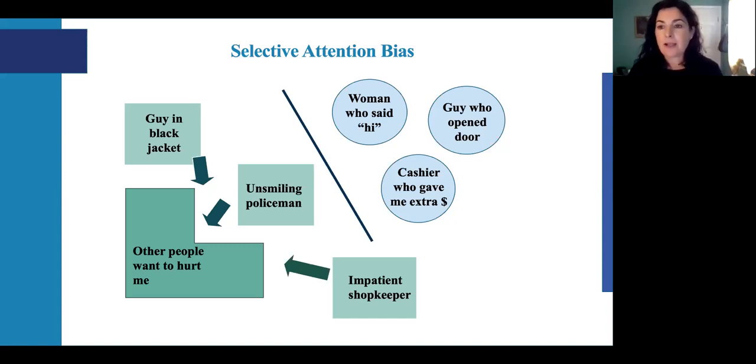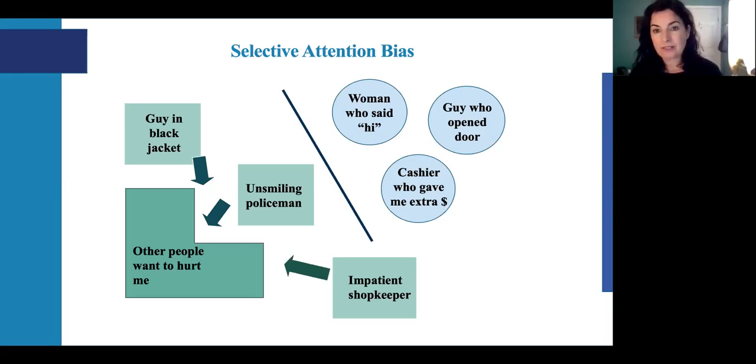Then there was a guy in a black leather jacket in the soda section by the soda cooler, and he thinks about that guy. Then he pulls all this together and is paying very hard attention to those things, and his frequent paranoid belief that other people want to hurt me gets triggered, and he gets very anxious and paranoid in the store, right? So that's how that happens.